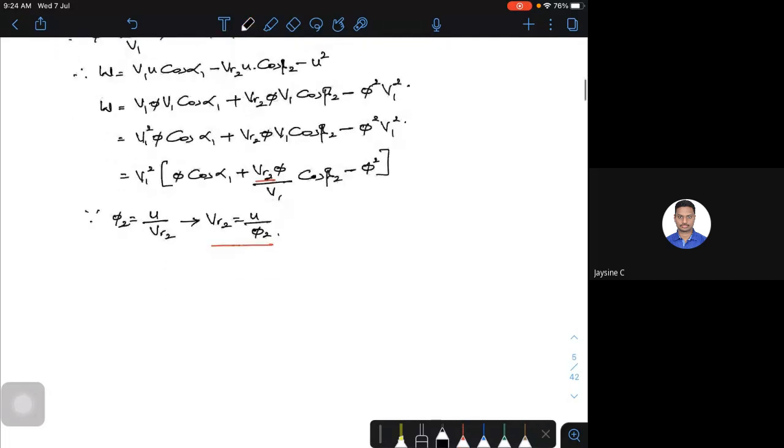So then your W is equal to V1 square into phi into cos alpha 1 plus, this will be VR2, which is u by phi 2, into phi divided by V1, into cos beta 2 minus phi square.